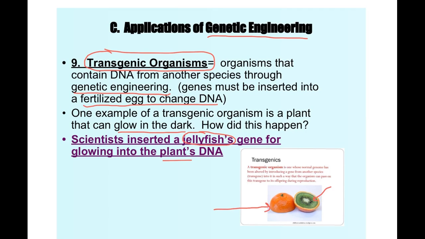It had kiwi DNA inserted into its DNA, and now on the outside it looks like an orange, but that orange produces fruit like a kiwi because it had a gene for kiwi fruit inserted into the orange DNA.